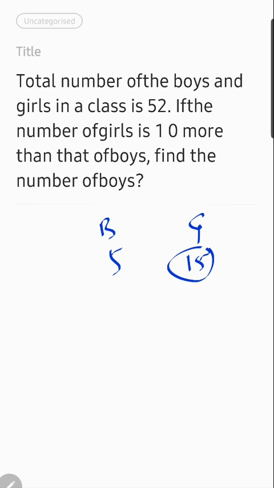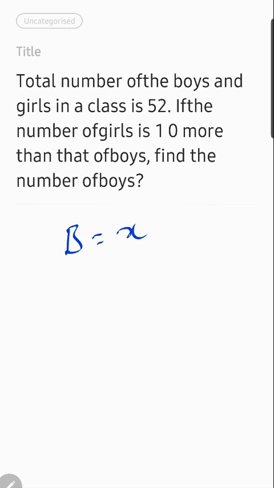Actually, how many boys there are, we don't know. Now let boys be x. Now what will the girls be? x plus 10, because girls is 10 more than boys. If boys are x, then x plus 10 is the girls.